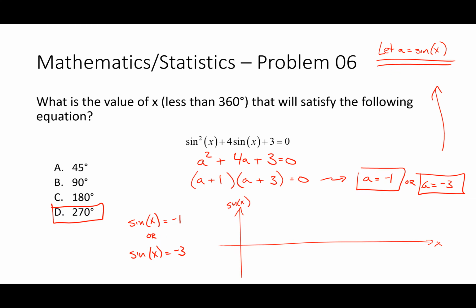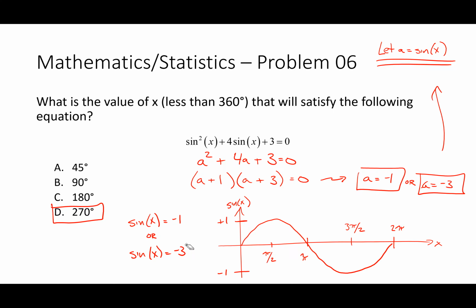If I graph the sine function, what does it look like? It looks something like this. Actually, let me shorten that up a bit because I want to use that space here. This is pi, this is 2 pi, this is 3 pi over 2, etc. This spot right here is plus 1, and this spot right here is minus 1. Why are you going to get an error for this part? Because look at your y-axis.